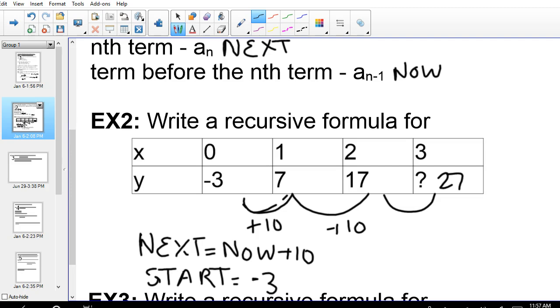So if I want to know a term, an a sub n, I would take the term before a sub n, which would be a sub n minus 1, and I would add 10 to it. And then my starting value is my a sub 0, and it is -3.